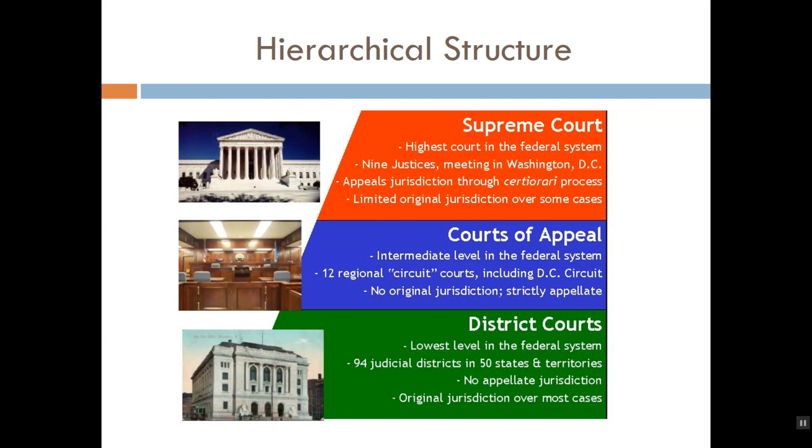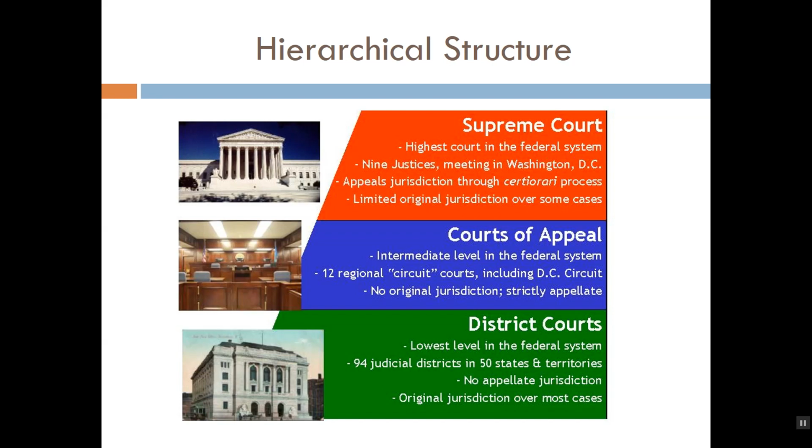It does not hear cases originating in any of the other 93 districts. Similarly, the trial court for the 1st judicial district can hear cases which originate in that district, but it cannot hear cases or issue rulings on a dispute that originates in the 92nd district or the 40th district.